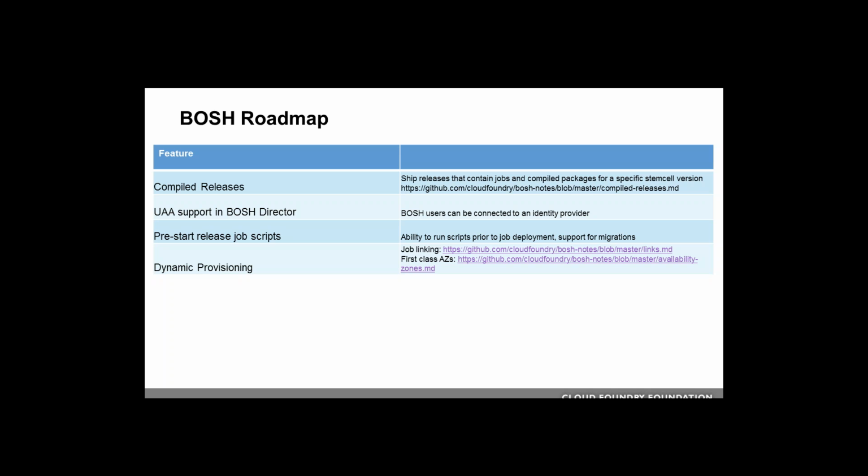And they're a fair way through working on support for dynamic provisioning. So this is simplifying manifests and making it easier to dynamically provision deployments. There's some links there for job linking and first-class AZs. Next slide.